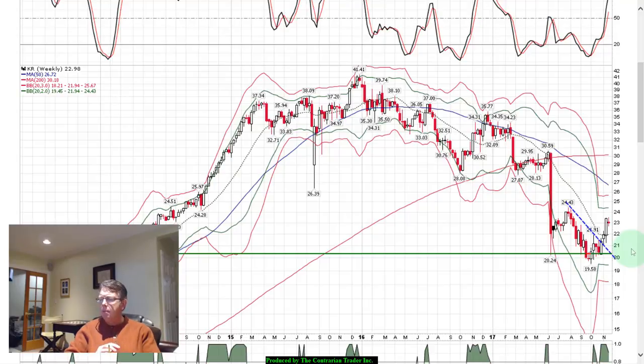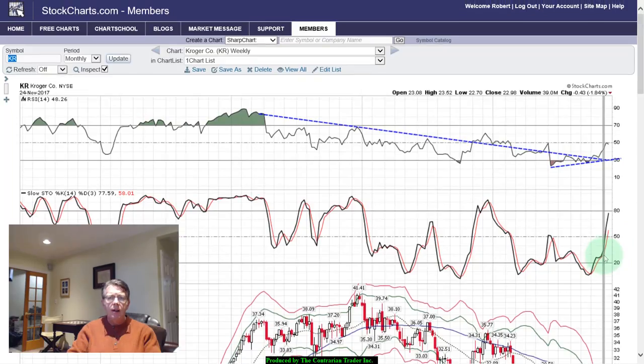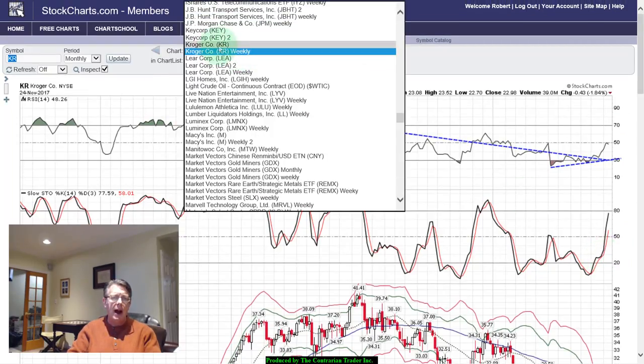Now, seasonality for the month of November since 2013, it's traded higher 60% of the time. For the month of December, 75% of the time. So given the seasonality effect, it looks as though we still have the wind at our backs on Kroger. The path of least resistance remains higher.